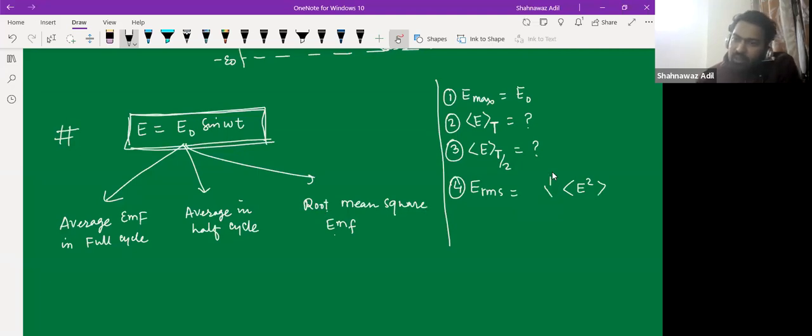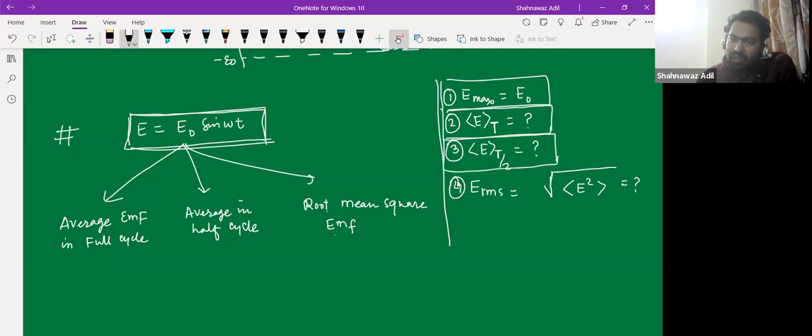So this is what we call the root mean square, right? This is also we are going to find out. So these are the four parameters associated with the EMF generated from the AC circuit or the AC generator. So you guys please note down this part.